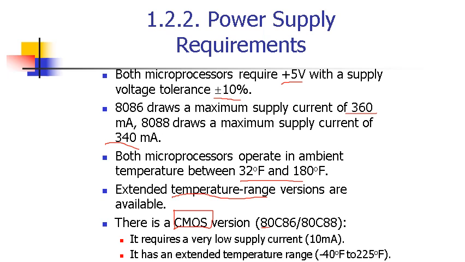We refer to the 8086 as the 80C86, where the C refers to the technology used to fabricate this processor, the CMOS technology. In doing so, the current drawn by each processor goes down to 10 milliamps, and the temperature range varies from minus 40 degrees Fahrenheit to 225 degrees Fahrenheit.